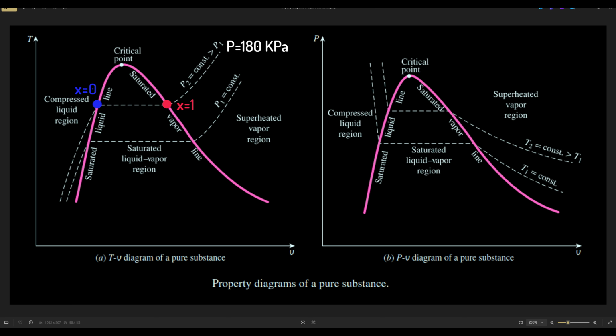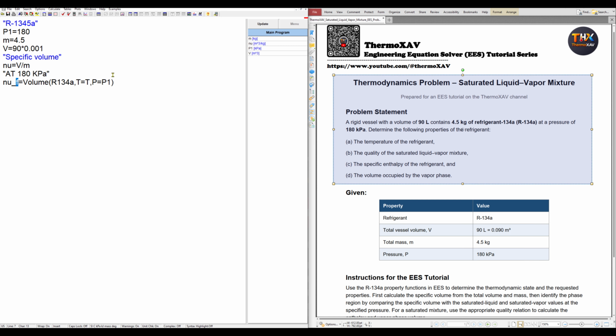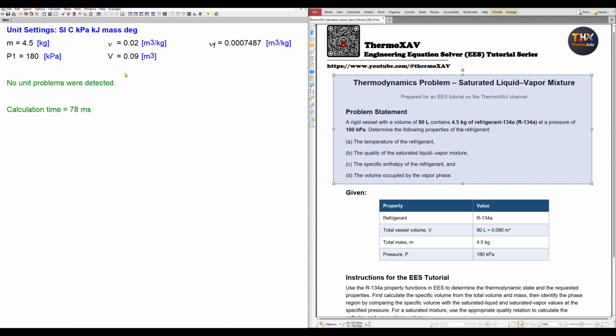For the gas region, the vapor region, X is equal to 1. So for this specific volume for the fluid, instead of temperature, I can define the quality. I will call it X, and the quality is 0. By having this equation, I can calculate. So I will go to Solve and press solve.